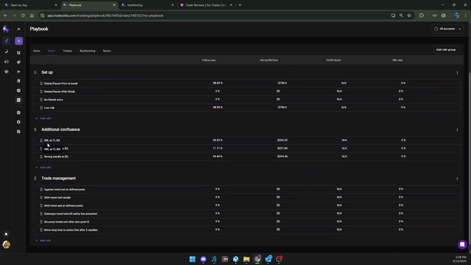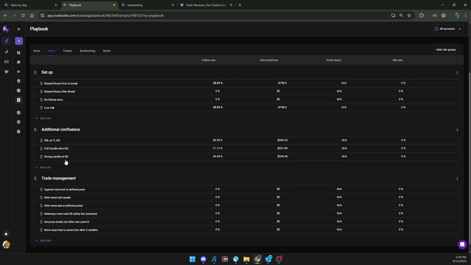So the support resistance level, that's an additional confirmation. If it was a full candle after breakout, that's a strong sign. And I say that as in not a little tiny Twizzler type of candle after breakout, but a good candle. And then was it a strong candle at breakout?